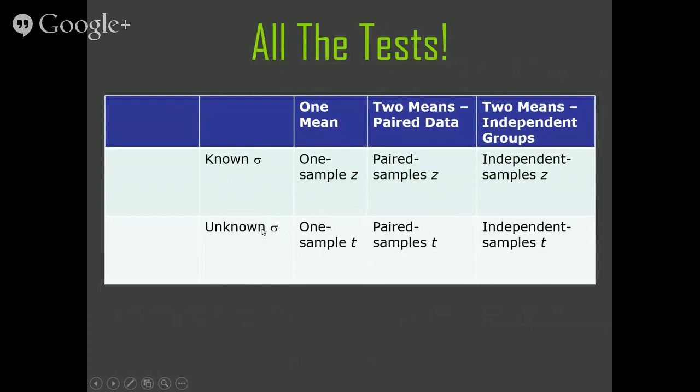And sometimes we're looking at 1 mean, or 2 means with paired data, or 2 means with independent data. So we have 6 potential combinations there, except that 2 of those never, ever, ever get used. We're never going to use z-tests for 2 groups because we never know the population standard deviation. It's an unrealistic thing. It's possible to do, the tests exist, but nobody ever uses them. We rarely use the one sample z. Just about always we're using these 3 down here: the one sample t-test, the paired samples t-test, and the independent samples t-test.